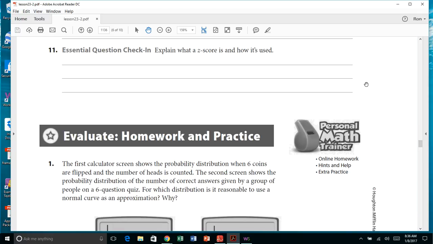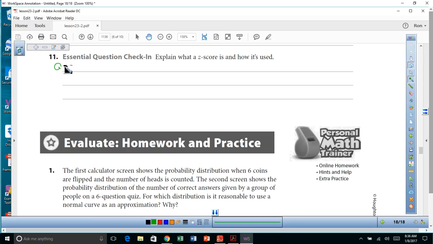All right. A z-score represents a number of standard deviations that a data value is above or below the mean. All right.